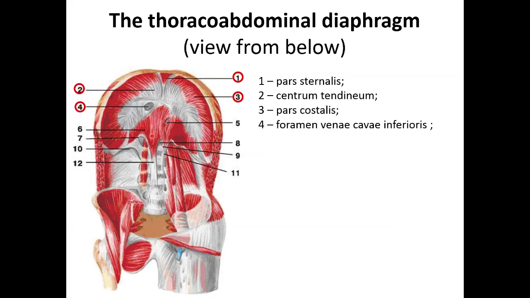So, foramen venae cavae inferioris takes place inside of the tendinous center of the diaphragm. That's why during contraction, this opening will not change its shape, so it couldn't influence the diameter of vena cava.